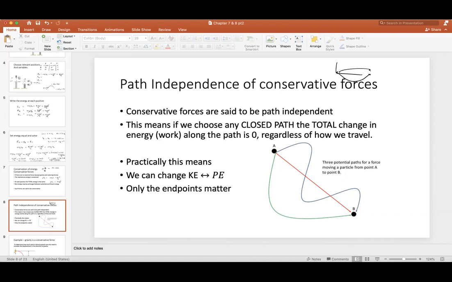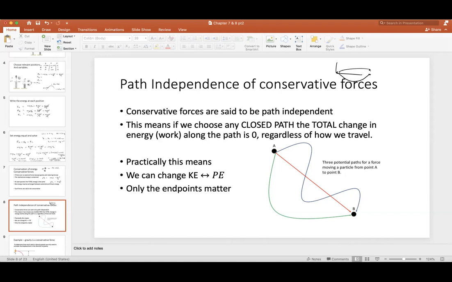No matter how you moved, it began with a potential energy, mg times a third of a meter above your desk, and it ended up there. It doesn't matter if you moved it to the right and then back, or if you moved it up and down and came back. The only thing that matters are your endpoints.